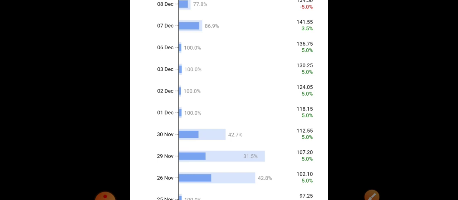The same thing was observed in TTML. When I discussed my levels, I told that somewhere around 150 you can see the circuit getting opened and a little bit of profit booking may be observed. But the stock, as I told, from 143 rupees itself we have seen a little bit of correction. Nevertheless, since it has started retracing again, it is a very good stock for long term. That is one important thing that you need to remember.